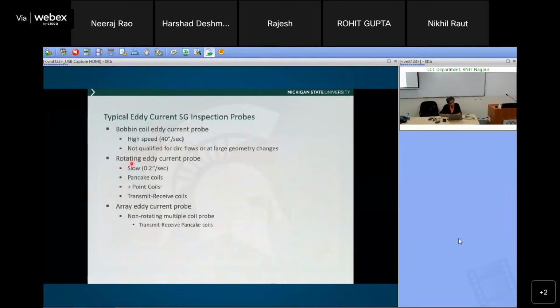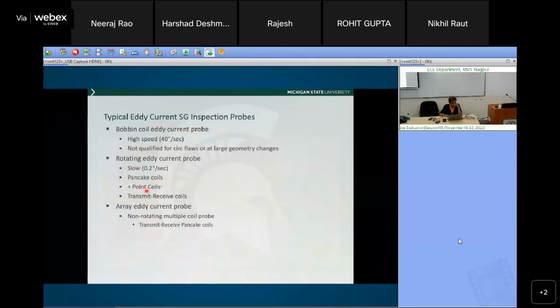Then they came up with the rotating eddy current probe, which is very slow because it has to go spirally and cover the entire region. There are pancake coils, plus point coils, and transmit-receive coils. Different types of coils are used in this rotating platform to measure.